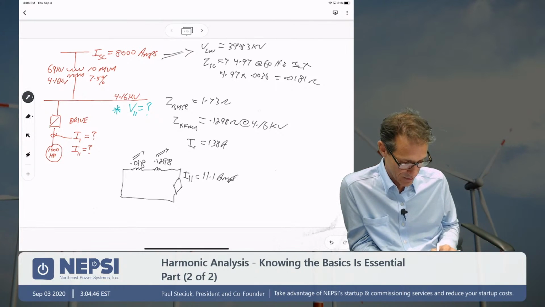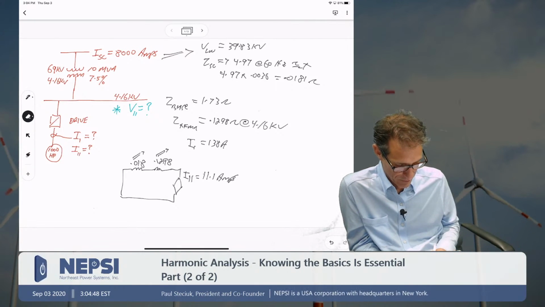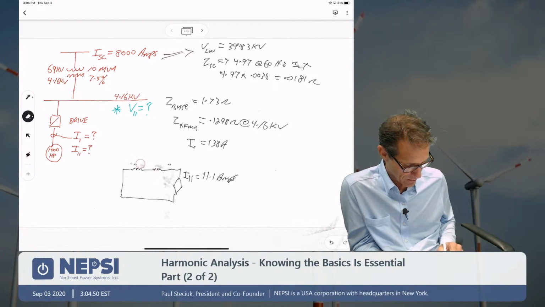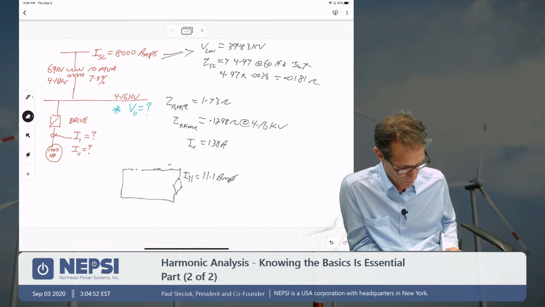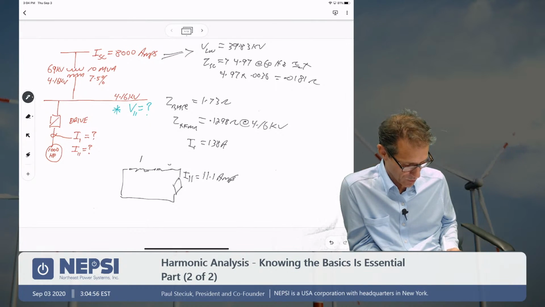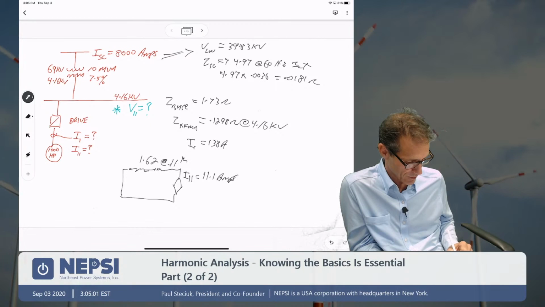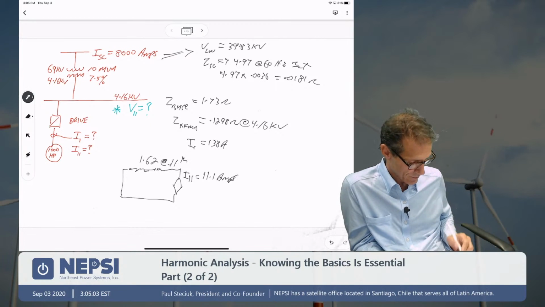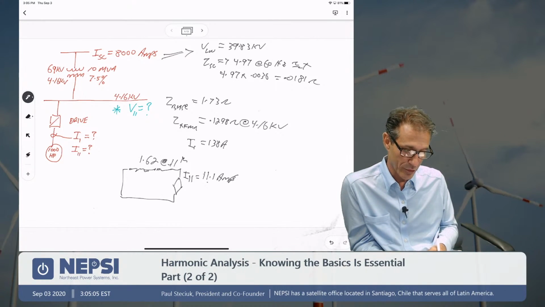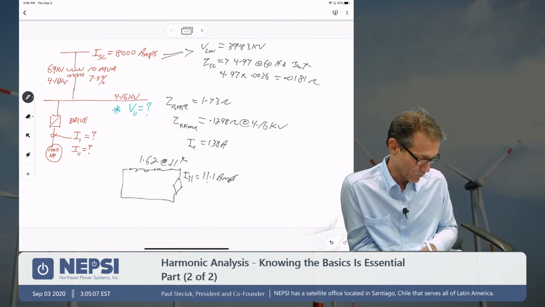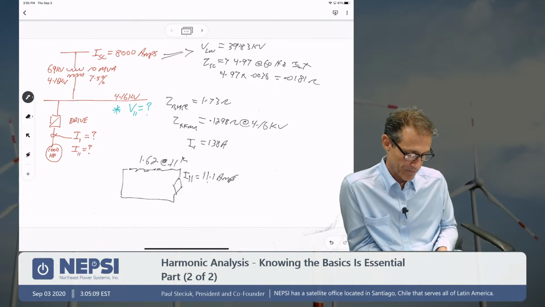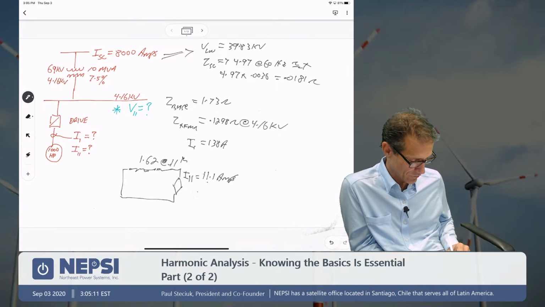So the value of impedance here at the 11th harmonic is equal to 1.62 ohms at the 11th. So 11.1 amps times 1.62 is the answer. So 11.1 times 1.62 is about 18 volts.